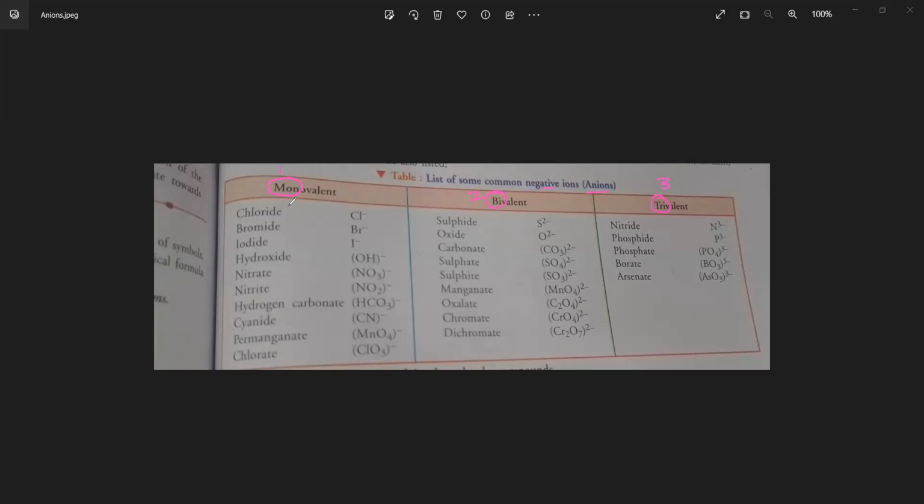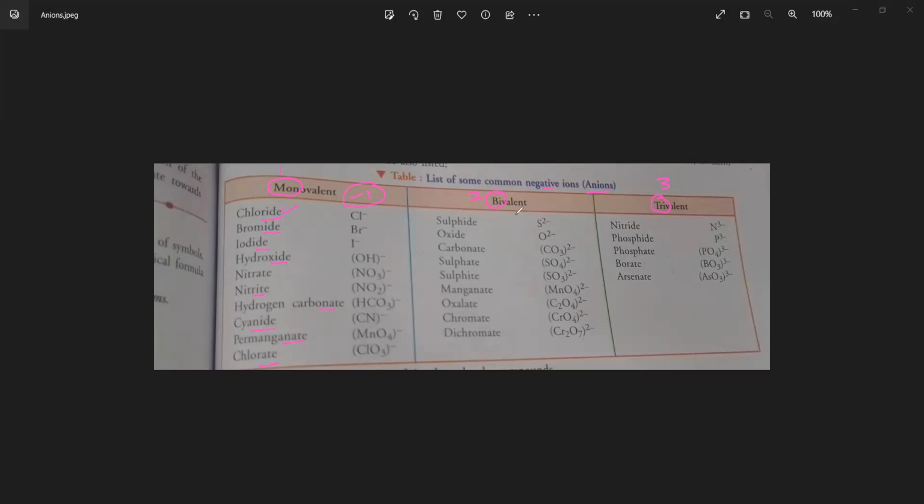When we talk about bromide, chloride, iodide, hydroxide, nitrate, nitrite, hydrogen carbonate, cyanide, permanganate, and chlorate, the charge is always -1 on all these species.